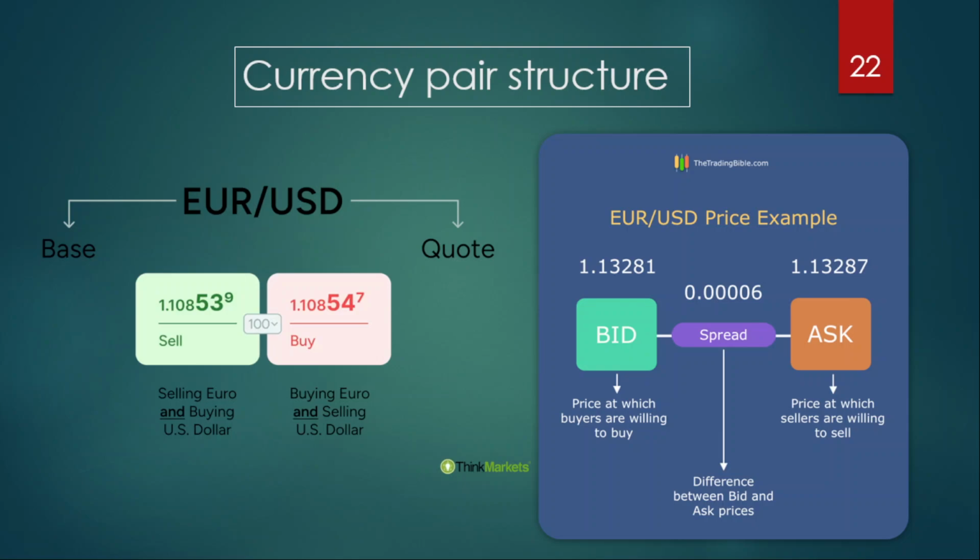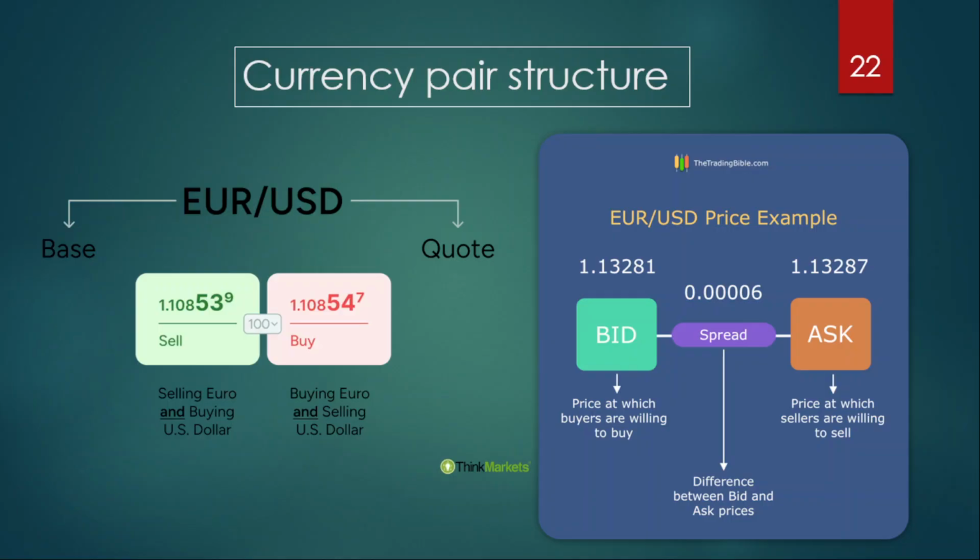When you buy Euro, you sell US dollar. It's vice versa. This is how it is on this currency pair, and it will be the same for any other currencies that are paired.